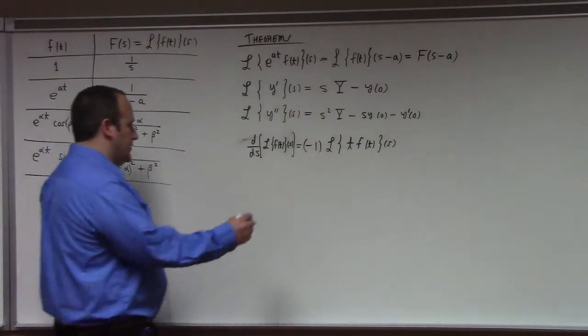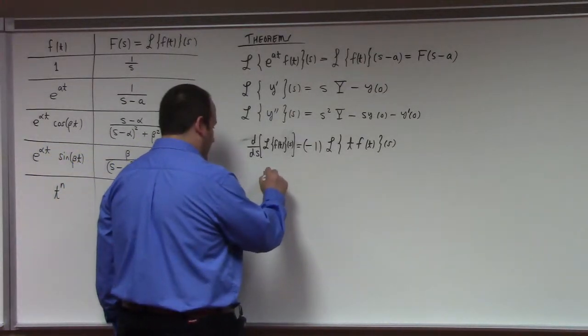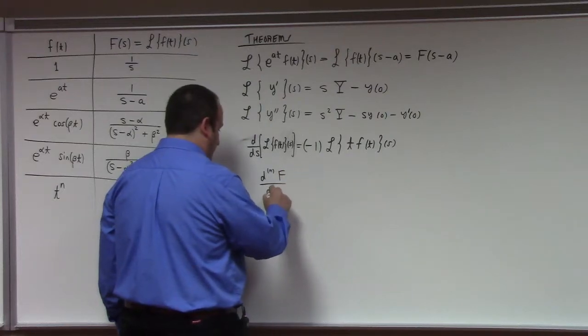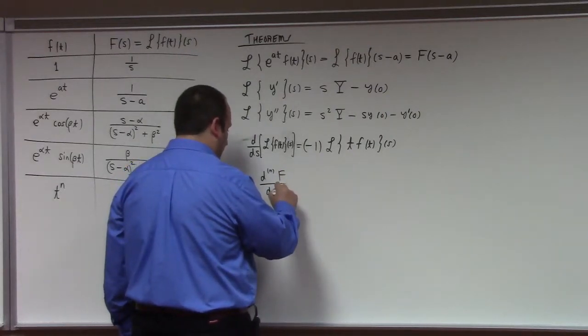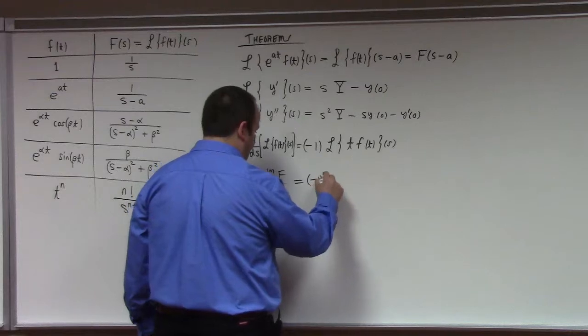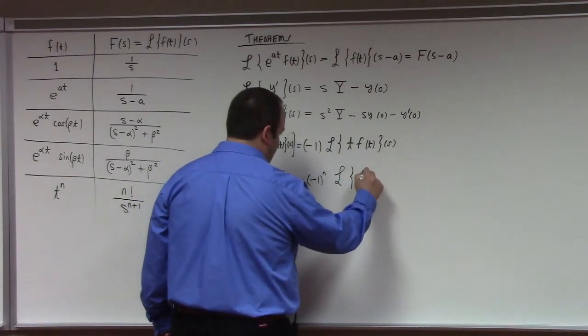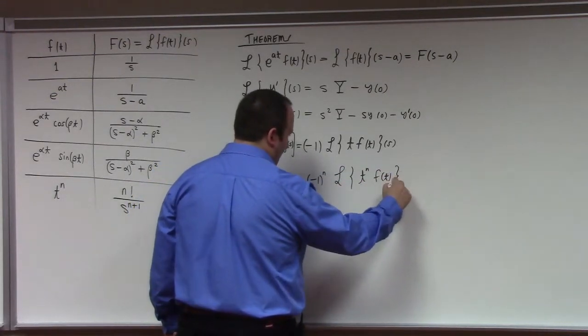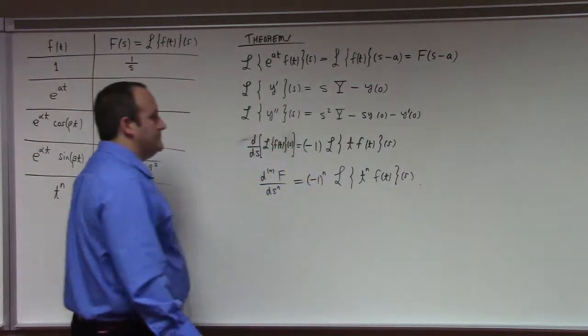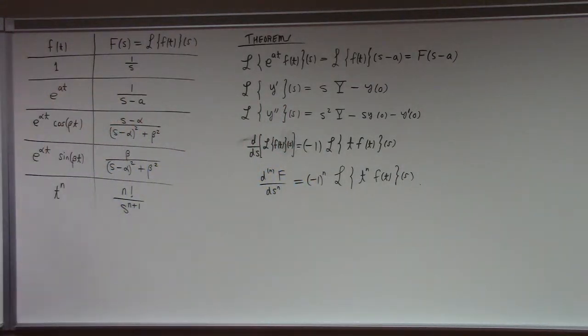And generally, if we have the nth derivative of the Laplace transform with respect to the transform variable s, we get minus 1 to the n times the Laplace transform of t to the n times f of t. As far as I can remember, those are all the theorems that we worked out last time.